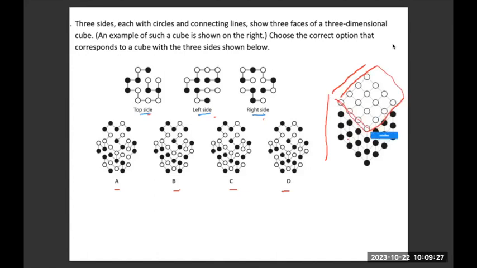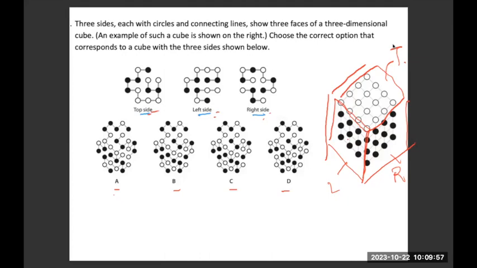This will be your left side view and this will be your right side view. This is what is given here, and what you are given is the top, left and right view of some cube. And you have to guess which of A, B, C and D is the cube which represents the top, left and right side view of the question figure.